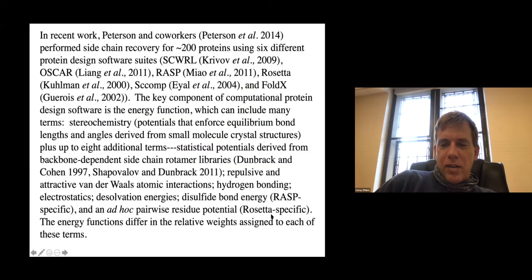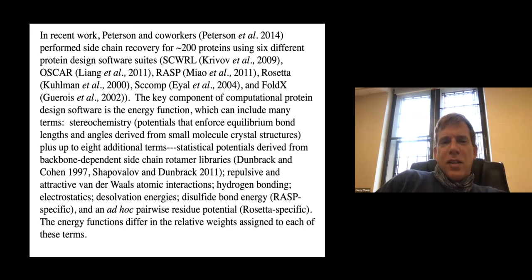So again, taking snippets from the literature and then making fun of it in a very nice way. Here is a snippet from a sidechain repacking paper, I think from the mid 2010s. It says, in recent work, Peterson and co-workers performed sidechain recovery for 200 proteins using 6 different protein software suites.